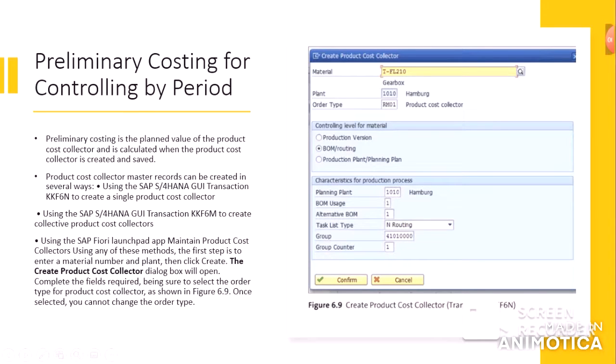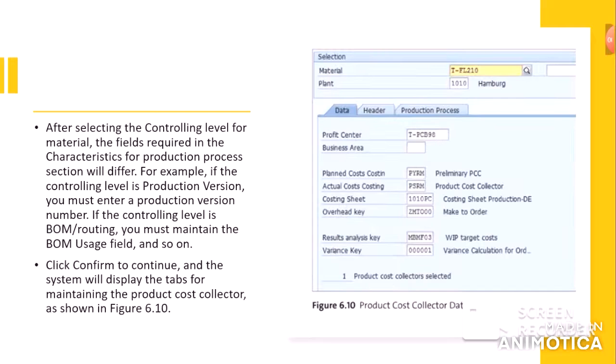For example, if the controlling level is production version, you must enter a production version number. If the controlling level is BOM or routing, you must maintain the BOM usage field. Click confirm to continue and the system will display the tabs for maintaining the product cost collector as shown in this figure.